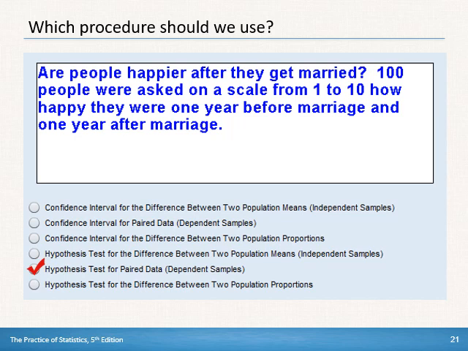So not two independent samples, it's the same set of people doing two different things. So this is matched pair. It's a hypothesis test because we're not asking how much happier, we're asking are they happier? So it's a yes or no. Is the difference between their happiness the same before and after, or is it greater? Is their happiness greater after marriage?